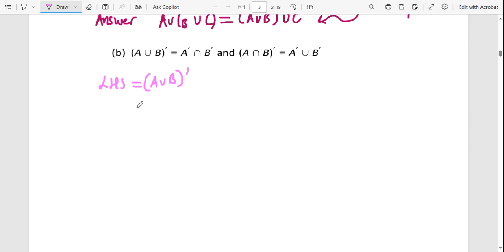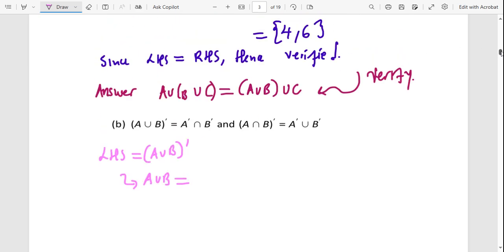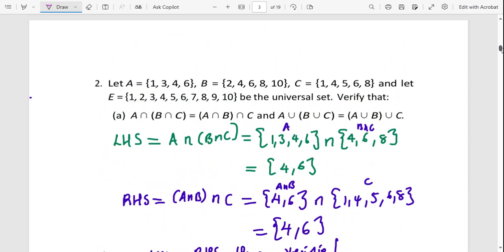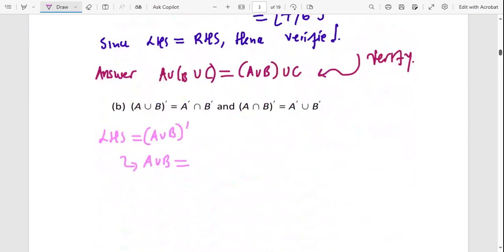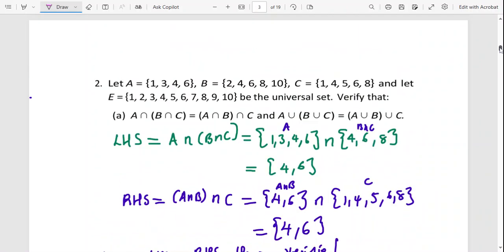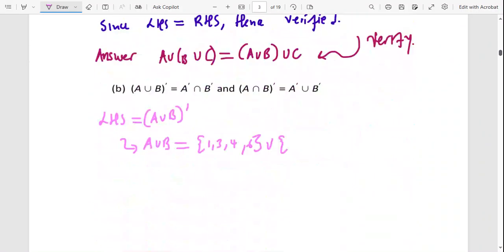So the first thing for us to verify this, first find the A union B. The set A is 1, 3, 4, 6. Union. The set B, 2, 4, 6, 8, 10.